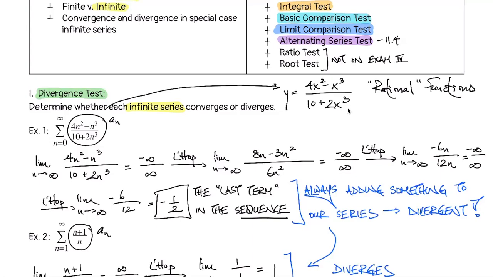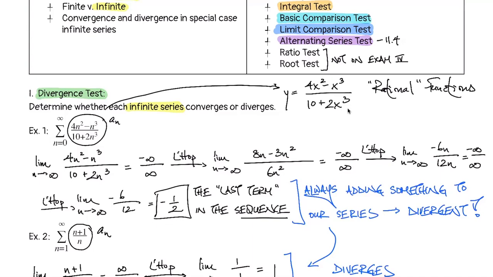When we learned about end behavior back in the day, we learned a set of rules. You compare the degrees of the top and the bottom, and depending on the relationship of the degrees, we could determine what that end behavior was.